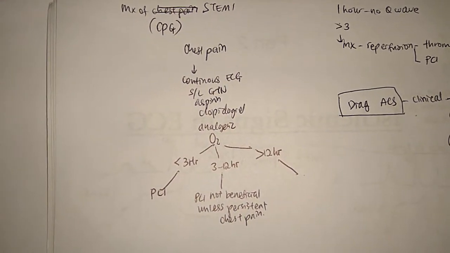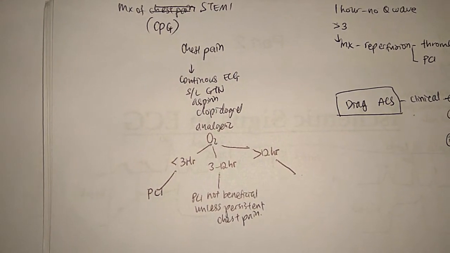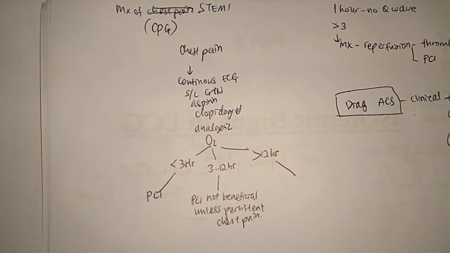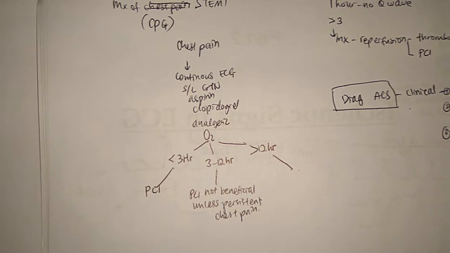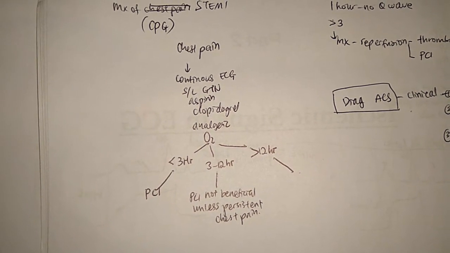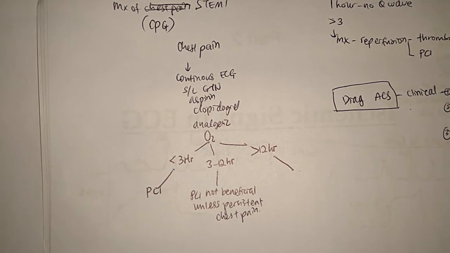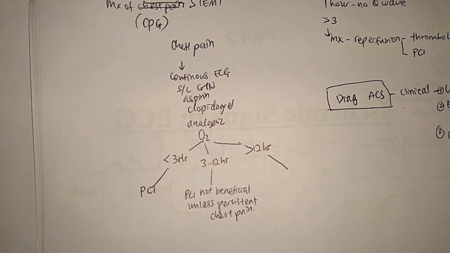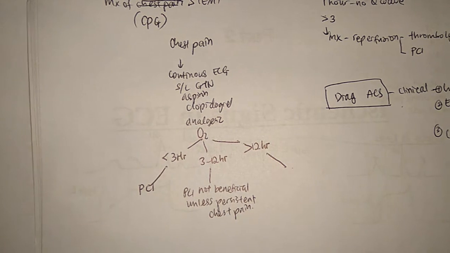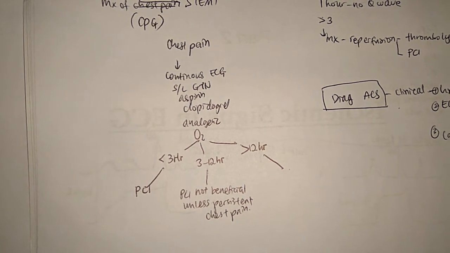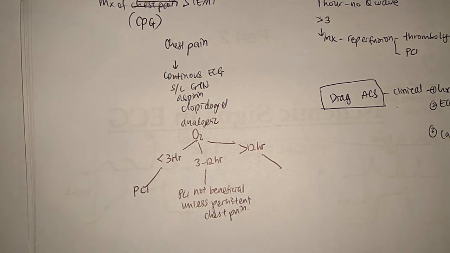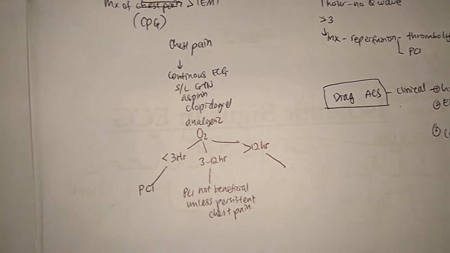For management of STEMI according to CPG, we do continuous ECG. Second, give sublingual GTN, tablet aspirin, clopidogrel, analgesic and oxygen. If it is less than 3 hours, straight away to PCI. More than 3 hours, the PCI is no more beneficial unless there is persistent angina.